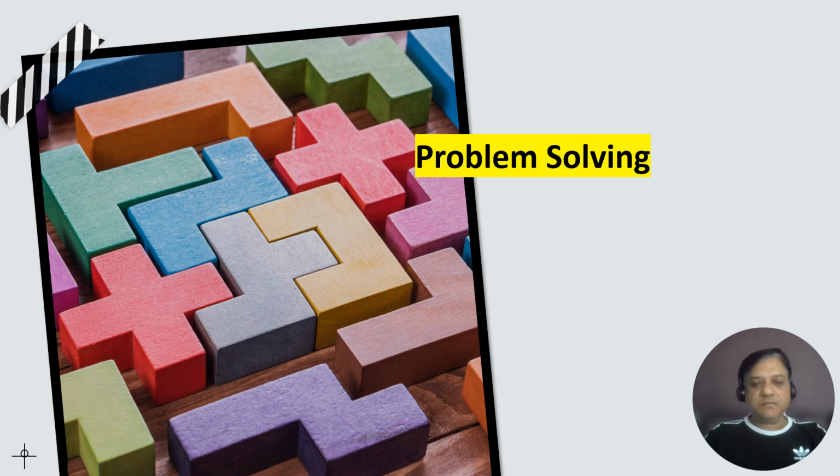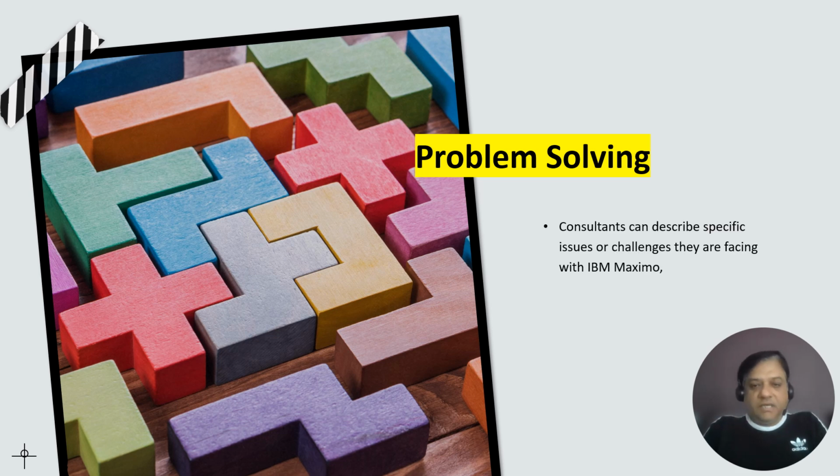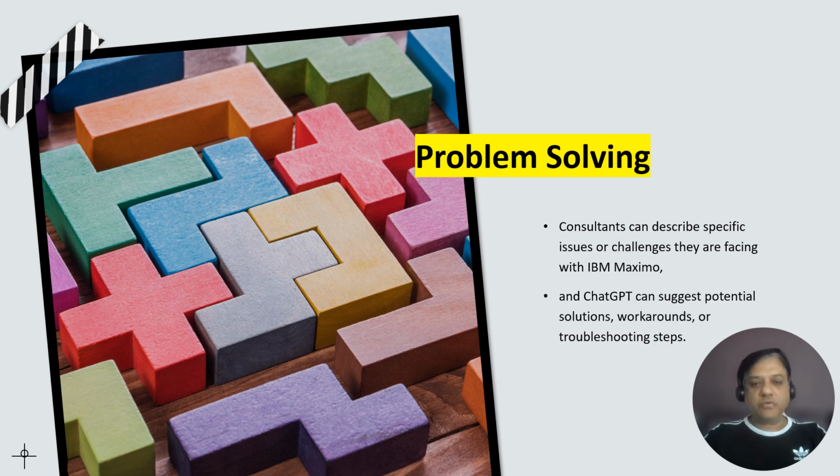Problem solving, yes, it can help us with specific issues or challenges that we are facing. So how do we do that? By asking ChatGPT for a potential solution to provide us with workarounds and troubleshooting steps.